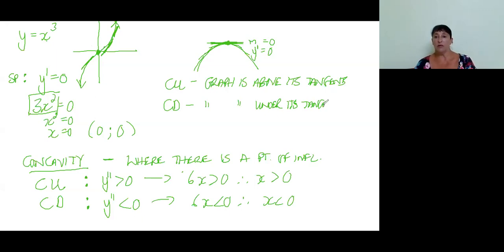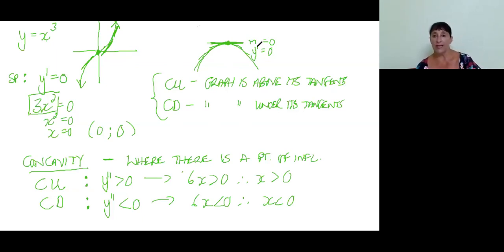This is very important. It's a good idea to have a good knowledge of what concave up means, what concave down means, not just algebraically, but also pictorially, looking at the graph, what does it look like?